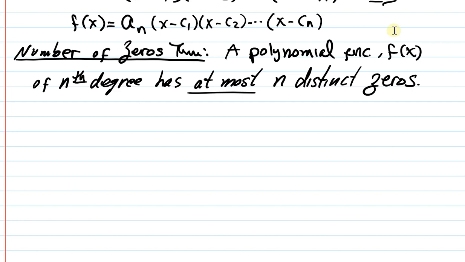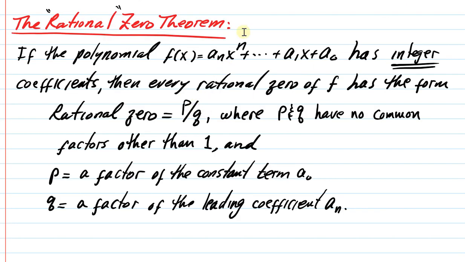Next, let's talk about the rational zero theorem. So I'm going to put that theorem for you first. And here it is, the rational zero theorem. Now, the key word, by the way, folks, in this theorem is the word rational. Remember, rational numbers are numbers that are written in the form of p over q, where p and q are integers.